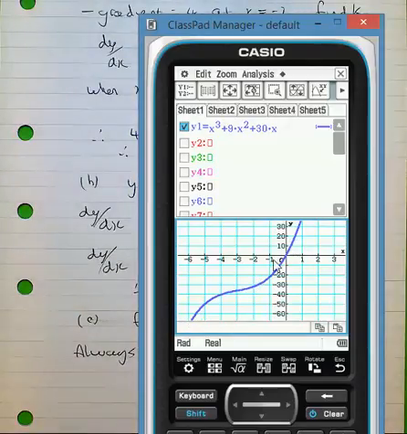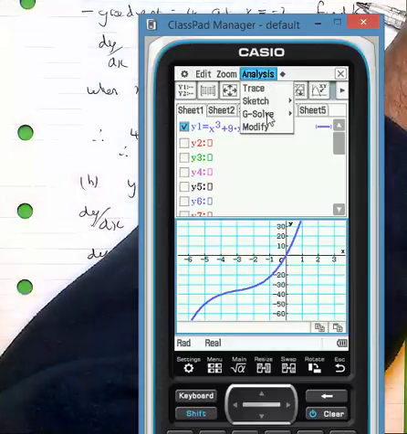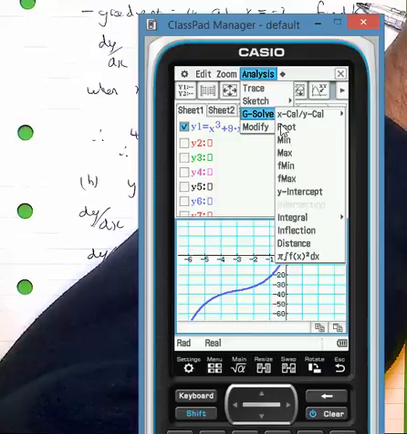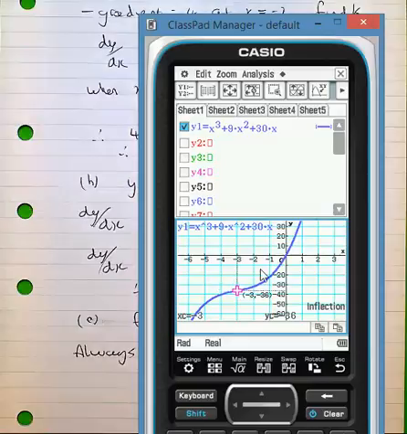There seems to be a point of inflection there. I'll just see if that's the case, because I reckon there's a point where it's going to be 0, not always positive. Yep, so we'll see there is a point of inflection.